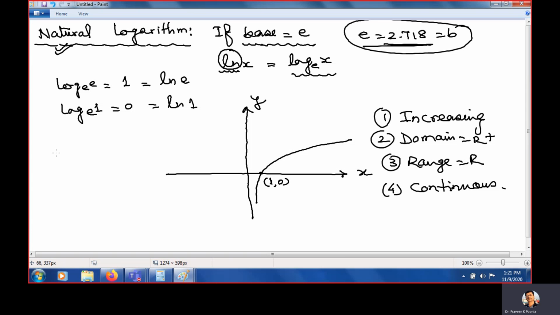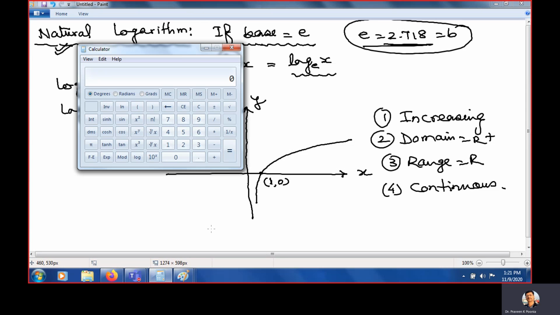So log and natural log, two things we are going to study. In your calculator, if you open it, look here, it is written log, and this is written ln. This ln is natural log, and this log is base 10. If we are talking about log, it is base 10. If we are talking about ln, it is base e.